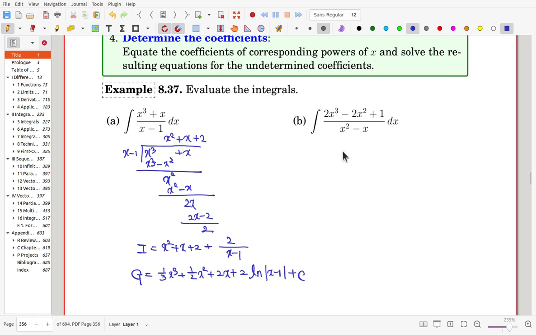How about this one? For this one, you can do long division. However, the numerator can be written in this way. If you factor out 2x, then that is x squared minus x plus 1, right?